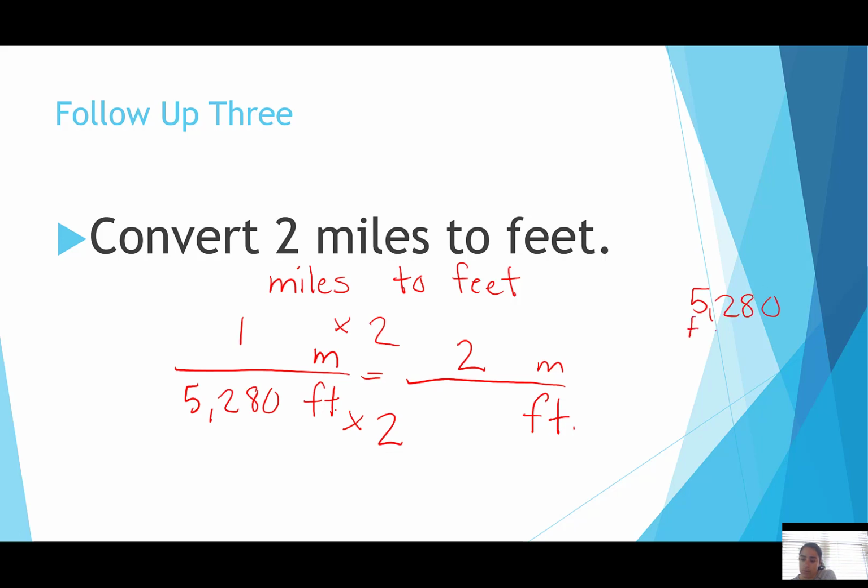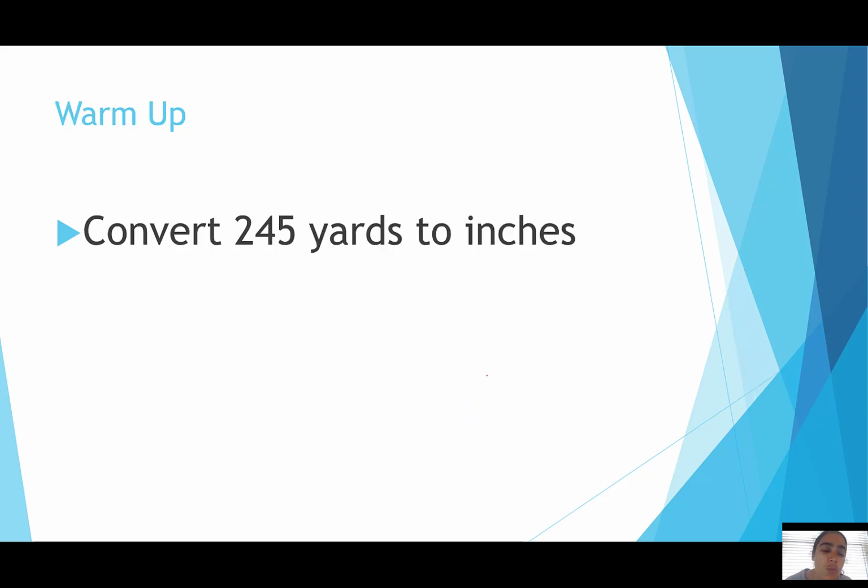Saw some people just double it, which is fine. 8 plus 8 is 16. 1 plus 2 is 3, 3 plus 2 is 5, 5 plus 5 is 10. So we get 10,560 feet.